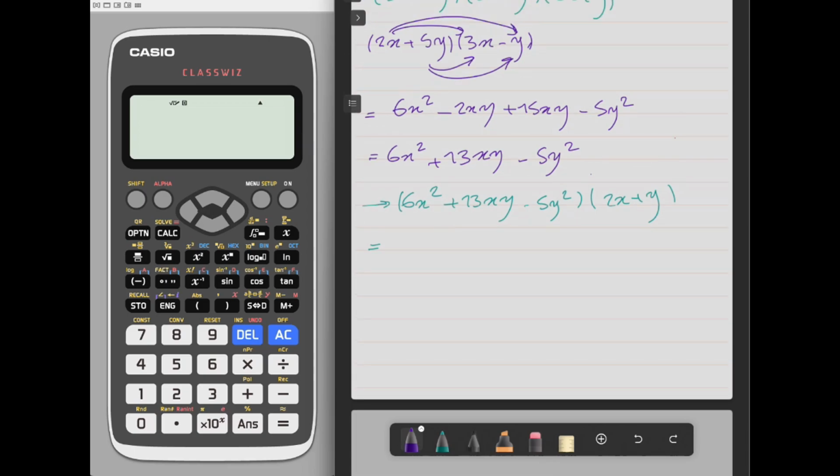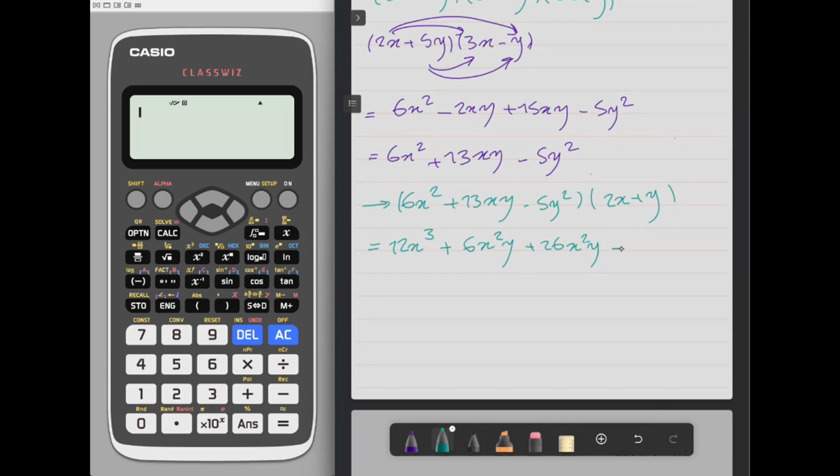You know how we do the multiplication. 6x squared times 2x, 12x cubed, plus 6x squared times y, 6x squared y. 13xy times 2x, plus 26x squared y.